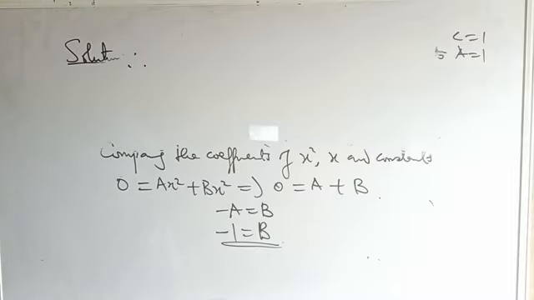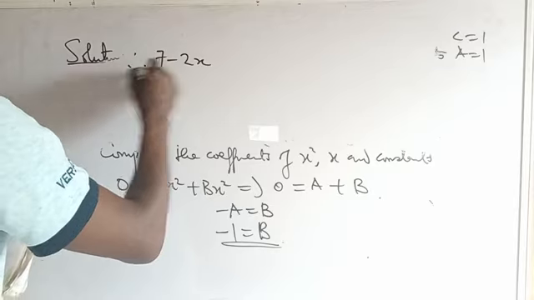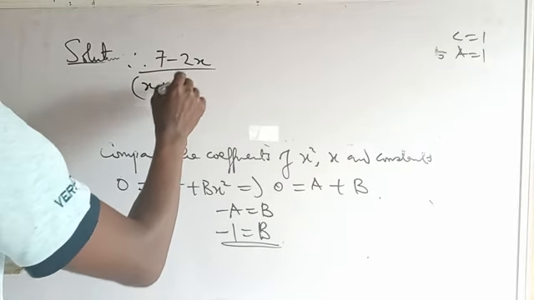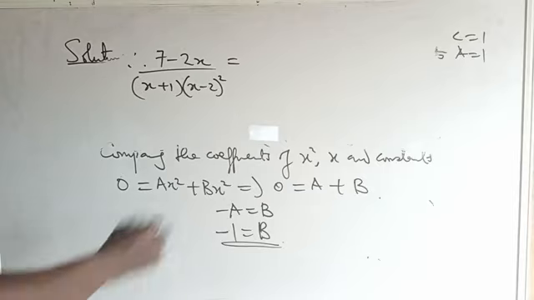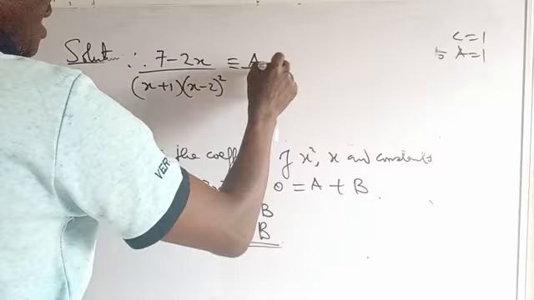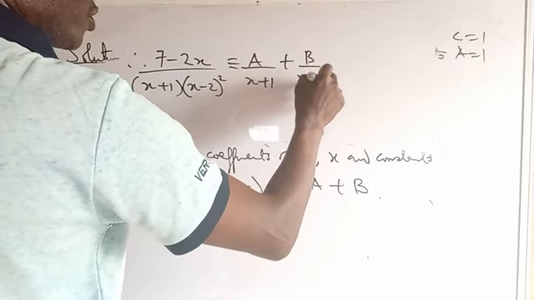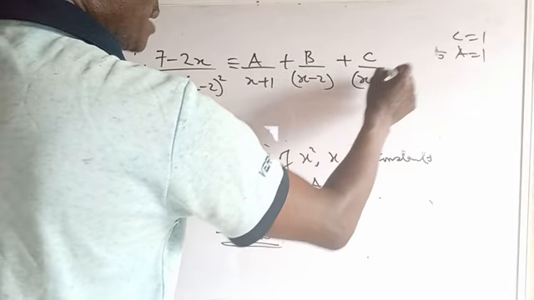The question is 7 minus 2x all over x plus 1 times bracket x minus 2 all squared, which was equivalent to a over x plus 1, plus b over x minus 2, plus c over x minus 2 all squared.